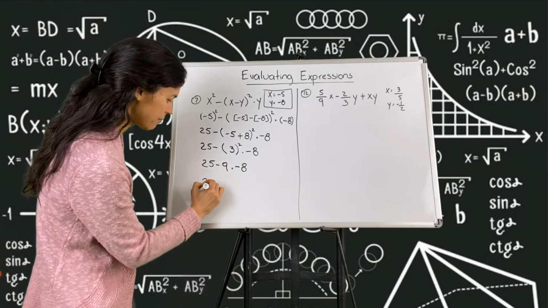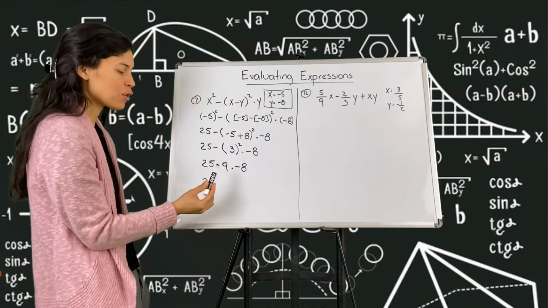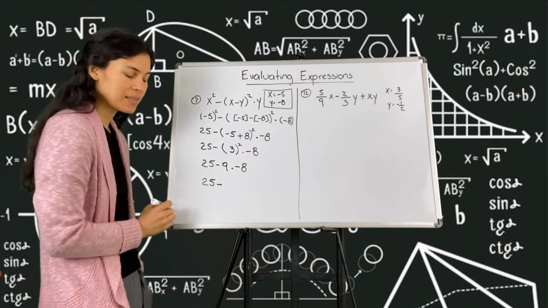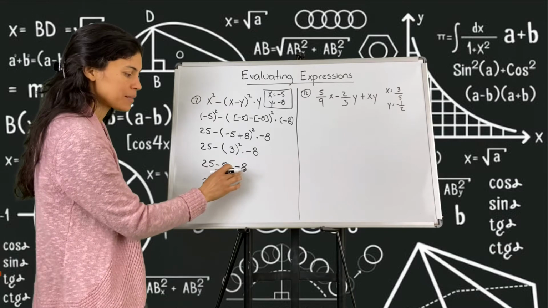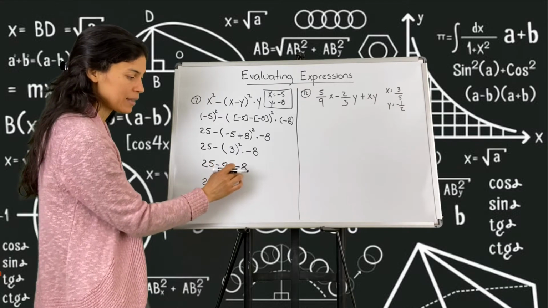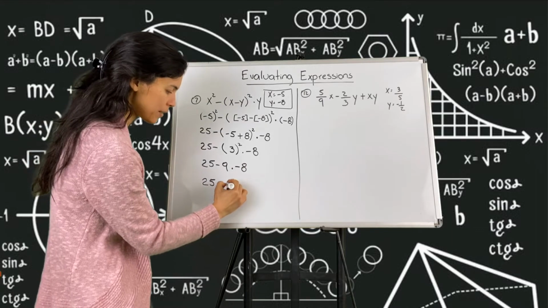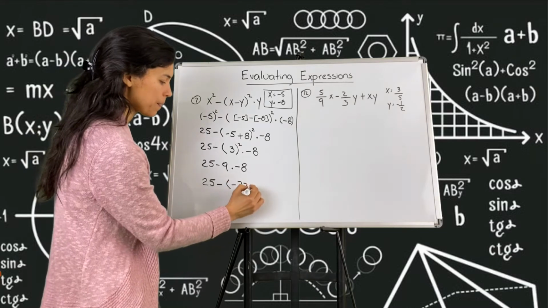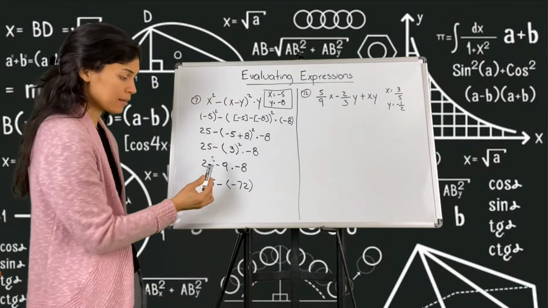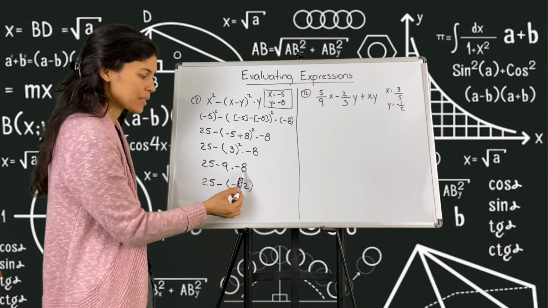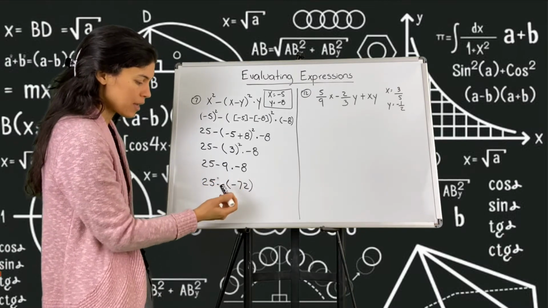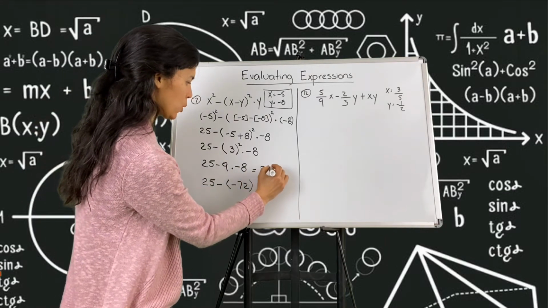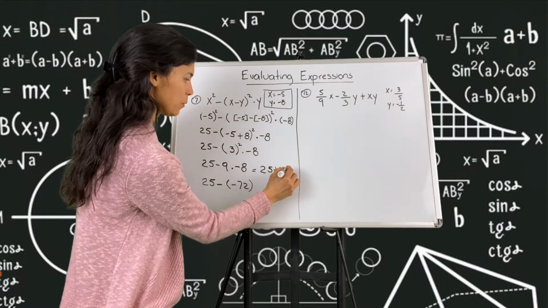That will be 25. Now I'm going to multiply minus 9 times negative 8. Since I'm multiplying the 9 and the negative 8, I'm going to have another negative here, right? 9 times 8 is 72. Or you can say, I can multiply the negative 9 times a negative 8. When you multiply two negatives, I'm going to have a positive. So you could have done this as 25 plus 72.